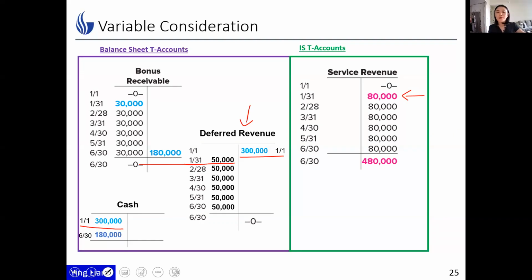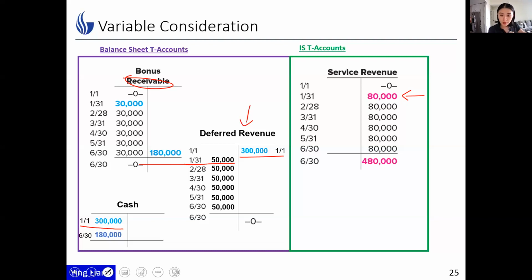I know the company, ProSport, hasn't paid me yet, but I expect them to pay me soon. In that case, isn't it a perfect definition of a receivable? I expect the client to pay me soon. That's why I created a T account called bonus receivable.